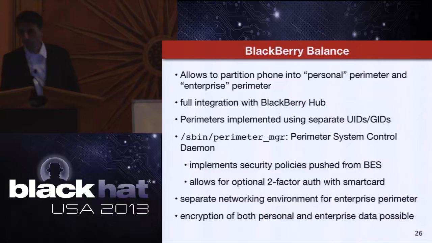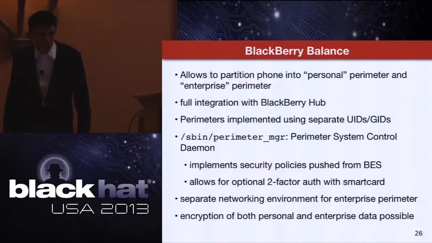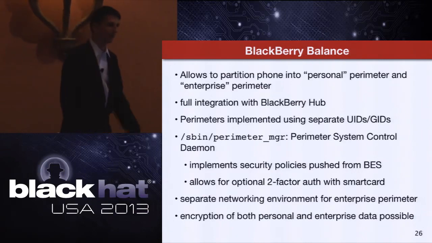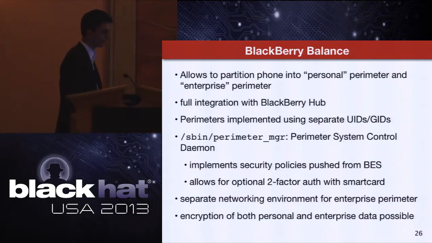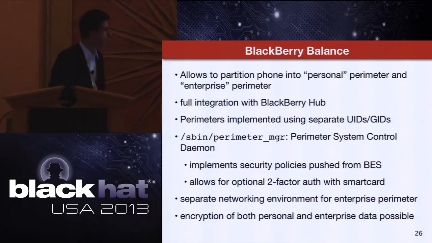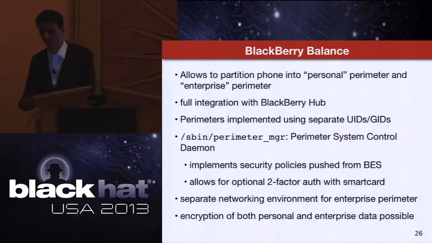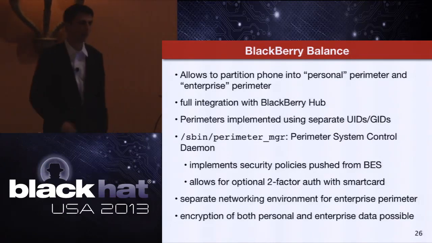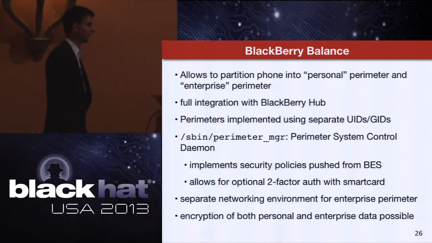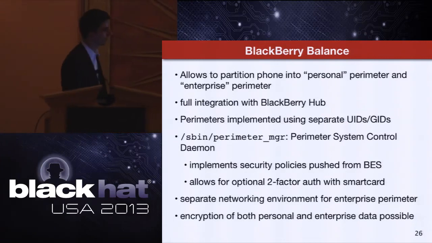And the perimeter manager is the thing that actually implements all of this, that gets the policies back from the enterprise server. And this basically translates the security policies to things that are usable for the rest of the system, for instance, to Authman configurations, and also allows for optional two-factor authentication with a smart card.